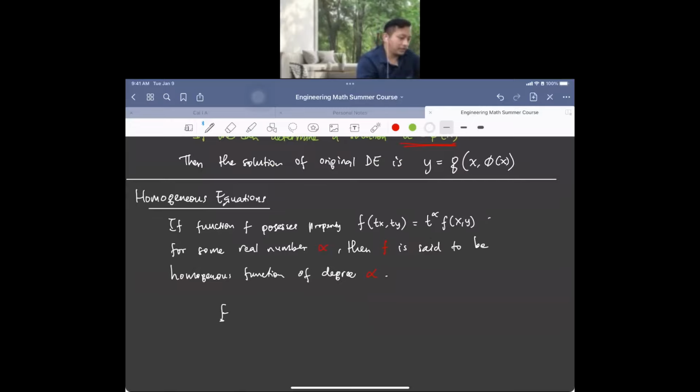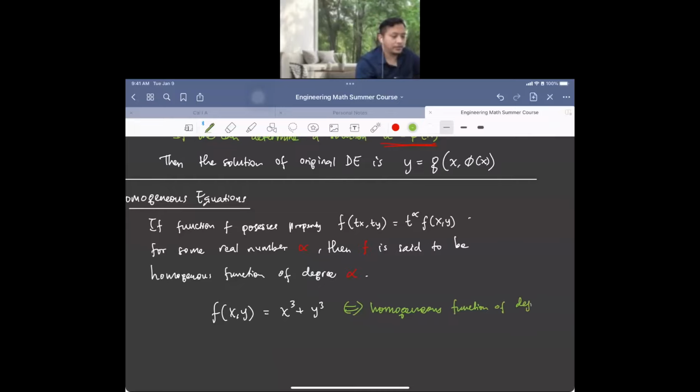For example, f of x, y equals x cubed plus y cubed. This we call a homogeneous function of degree 3.